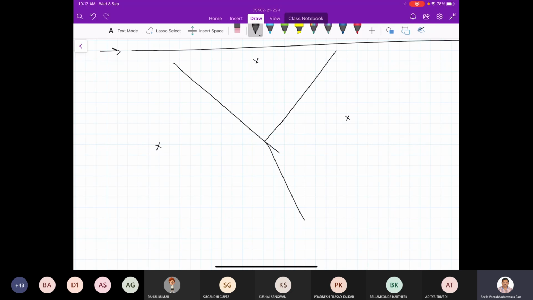If the sweep line is somewhere here, the parabolas are like this.